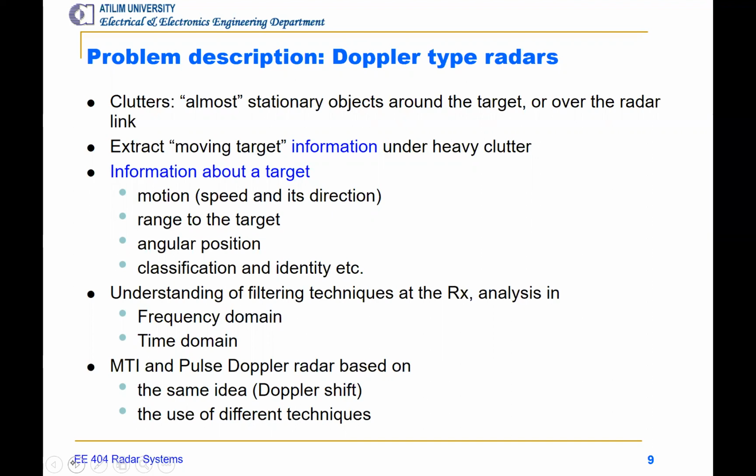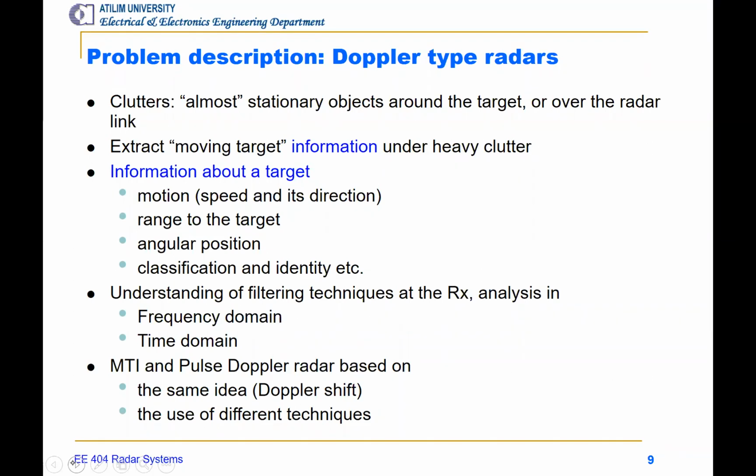As you might remember, we simply measure range to the target when you use a pulse type radar. We can now measure the motion. We can detect motion. And if we have a good antenna system, we can measure angular position.